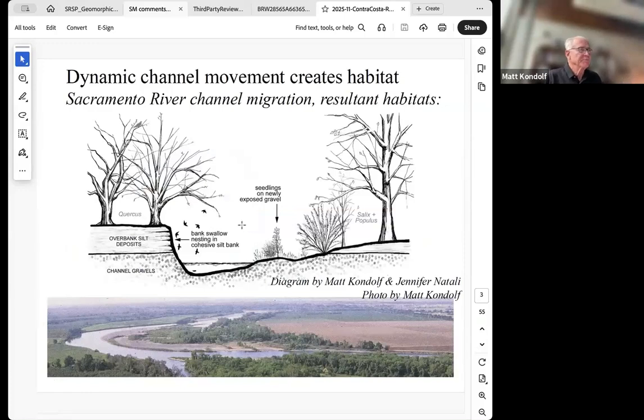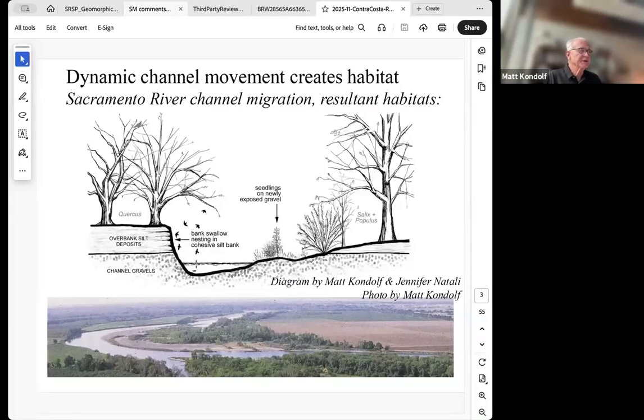So this is just an example. We have an actively eroding meander bend on the Sacramento River. It's creating vertical, cohesive banks, which are great habitat for bank swallows and other organisms. And as the bank continues to erode, these trees will fall in, creating complexity. And meantime, on the other side of the channel, we are building a point bar.